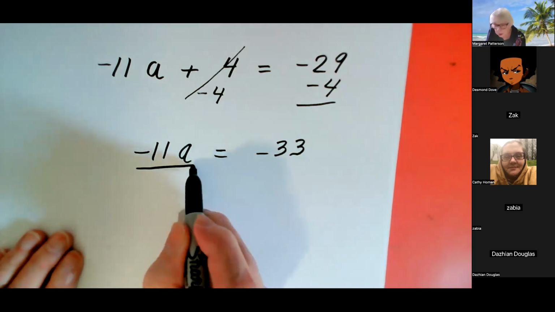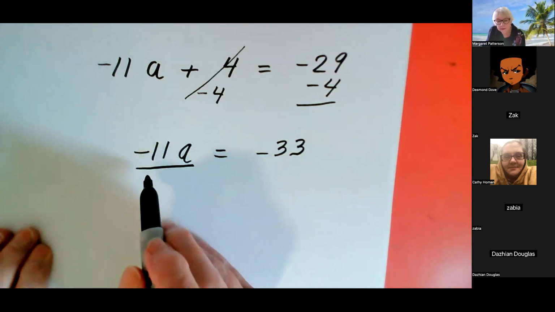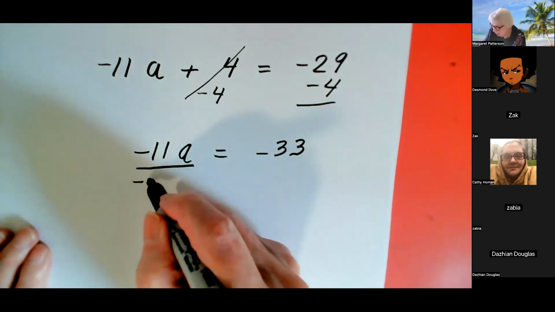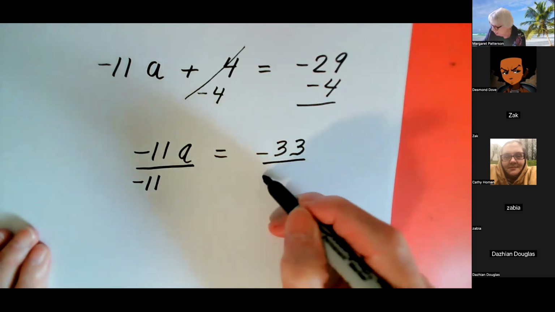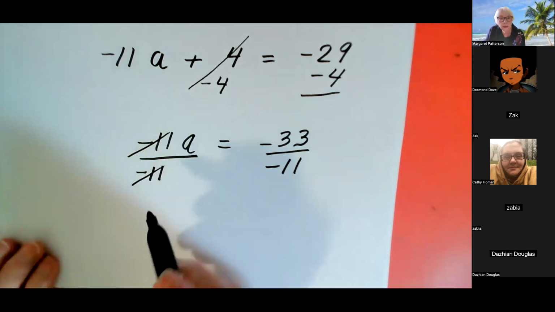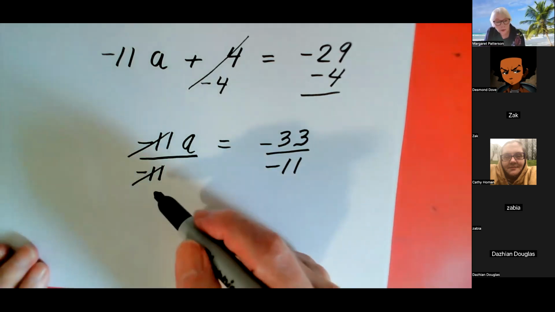So what I have to do, I can't divide by 11. I need to divide by the same sign. So that would be -11 on this side, -11 on that side. So the -11 and -11 go to 1.